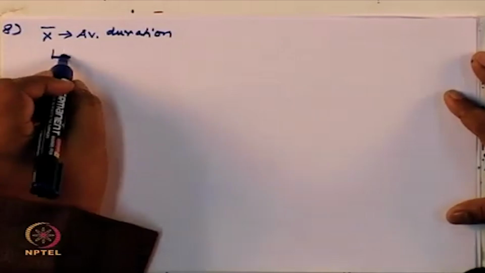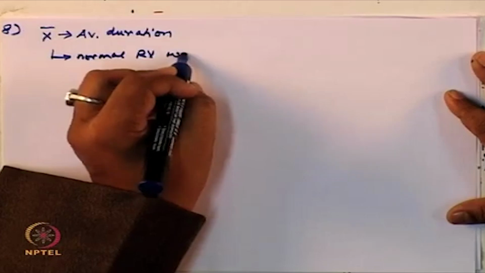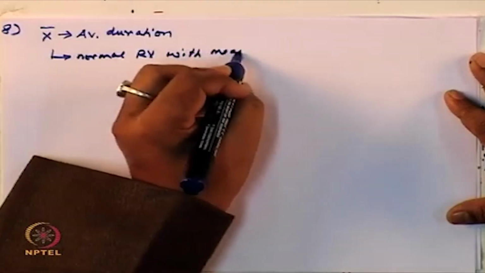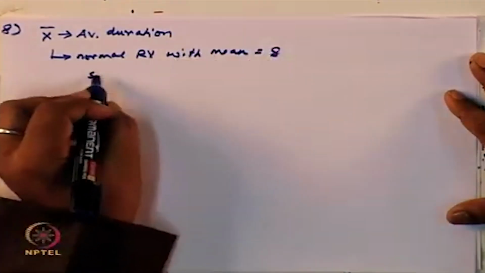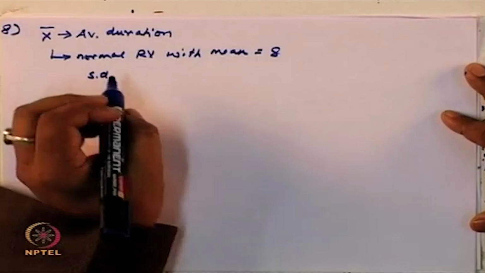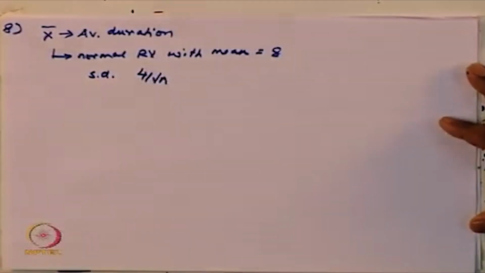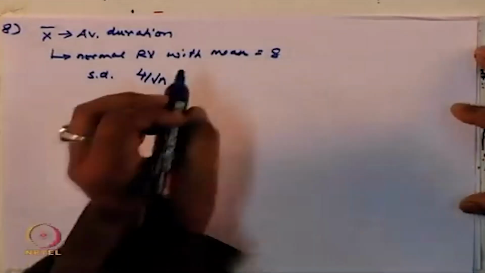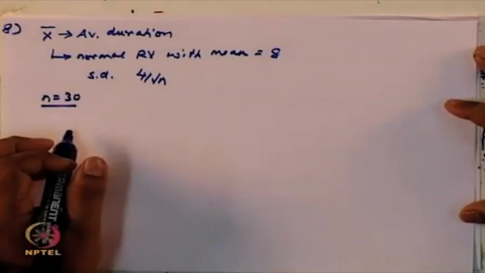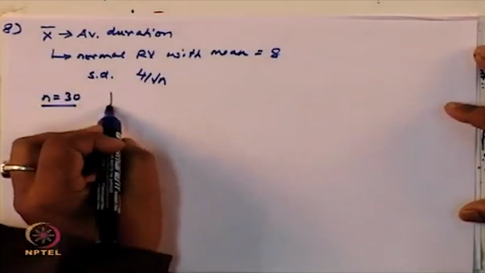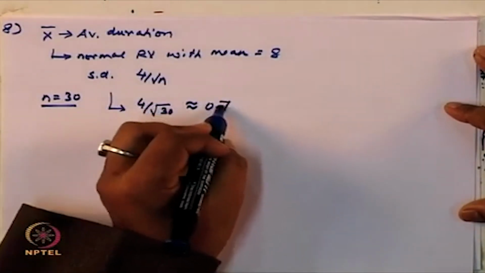So, x bar will be a normal random variable with mean equal to 8 and standard deviation equal to 4 by root n. In our case n equal to 30, because 30 medical records are chosen. For this, your standard deviation comes to 4 by root of 30, which is approximately equal to 0.73.